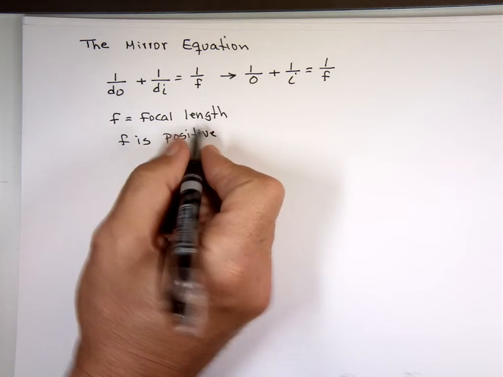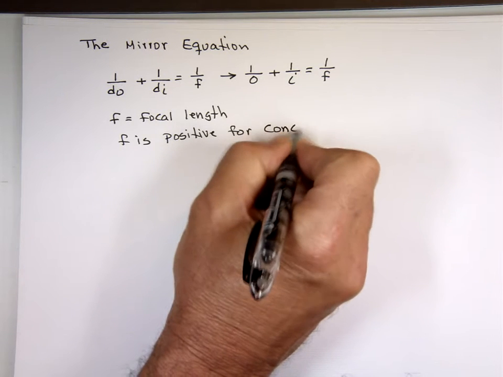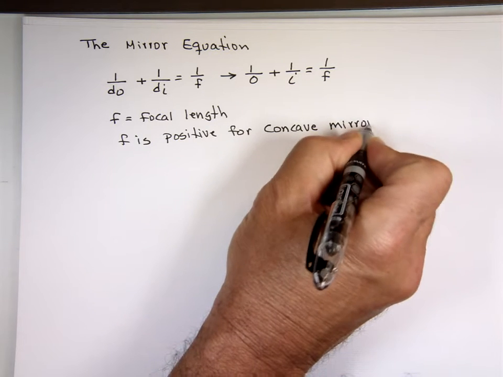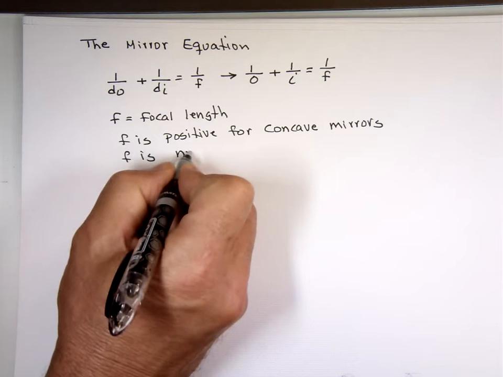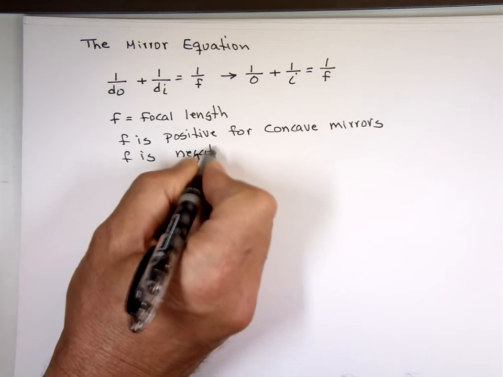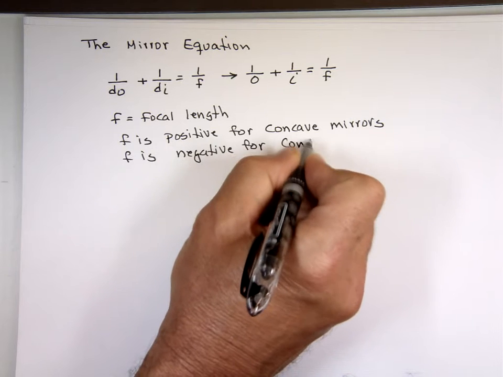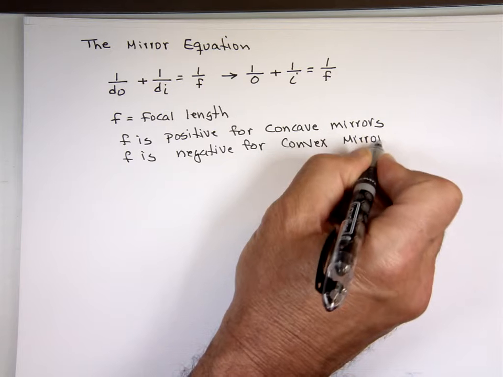The book doesn't tell you positive or negative. You have to know. And F is negative for convex. That's the focal length.